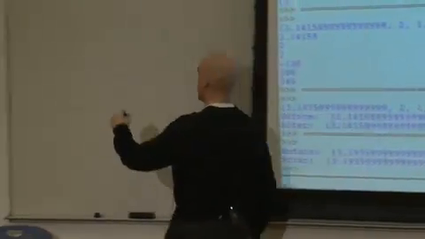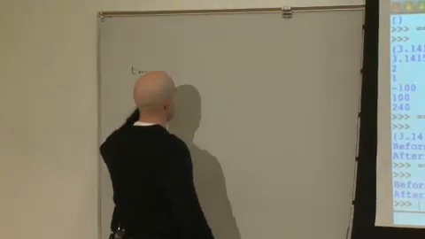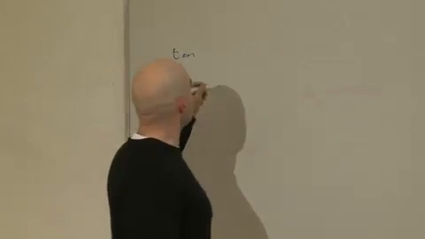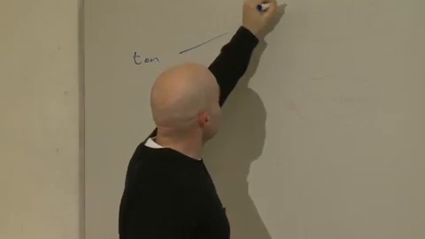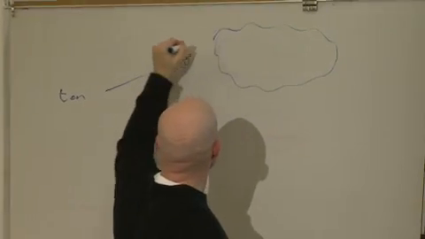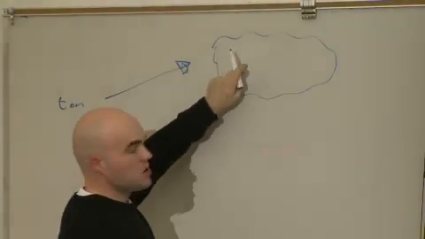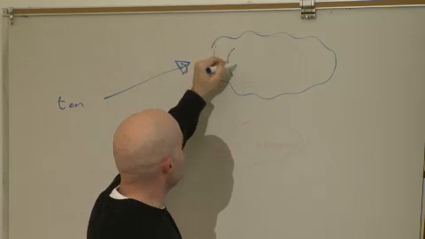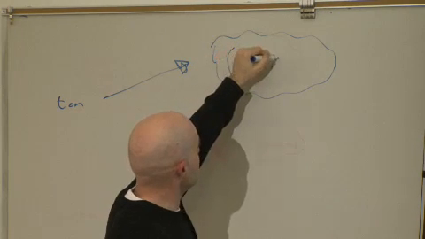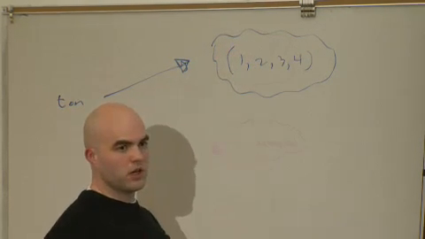So let's say I have ton here. Ton is short for a tuple of numbers. Originally, it's telling Python that some chunk of memory has a tuple of 1, 2, 3, 4. Okay?